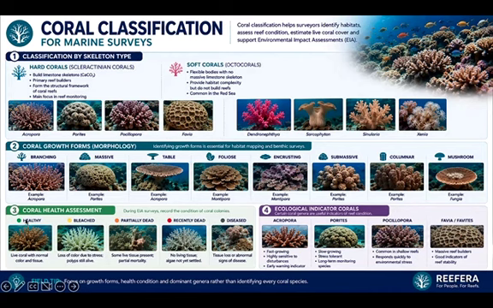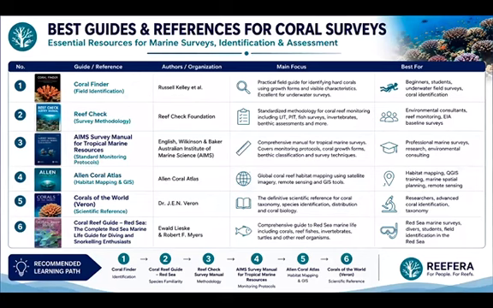It's based on healthy, bleached, partially bleached, or recently dead, or whatever you do. And also we have ecological indicator corals, which is a functional group that's most popular, and it's important for the area that we're doing the survey. We can say it's healthy and stable, or it's not healthy or not stable, based on the result of the survey. And here I included most of the top guides, the top manuals, so we can use them.